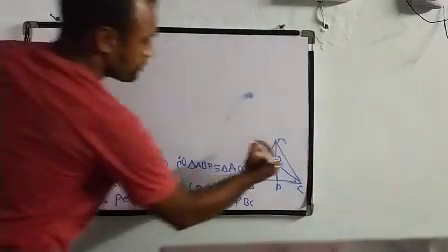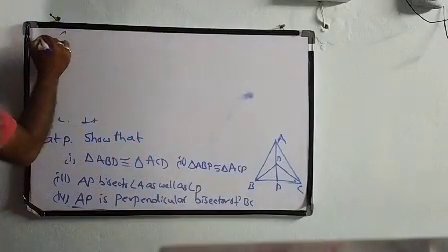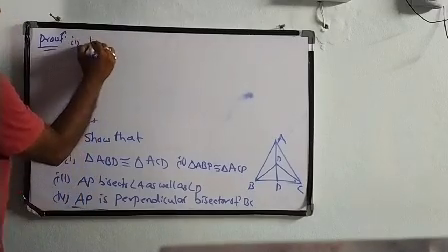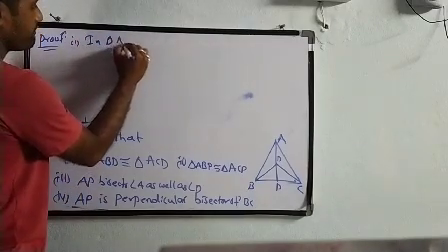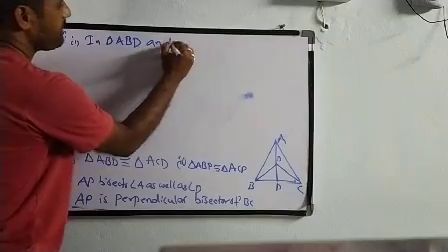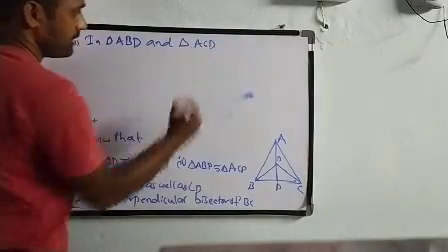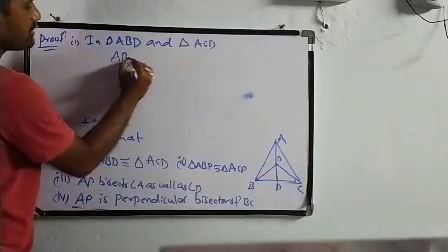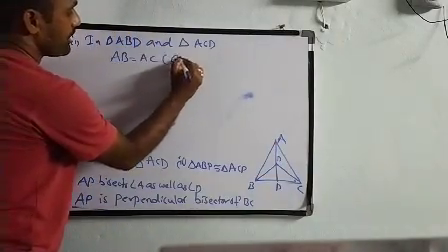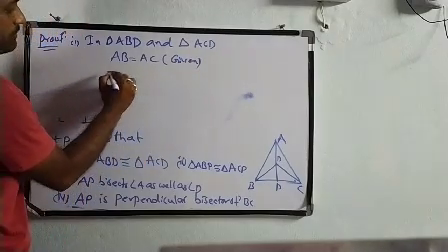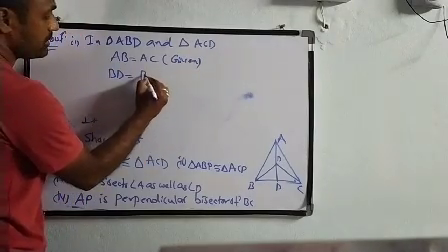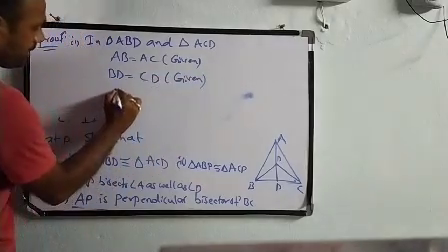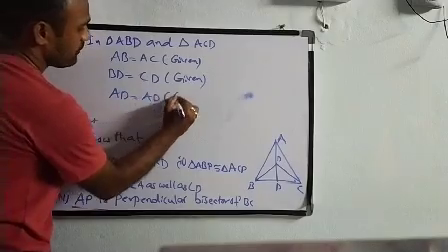So for solving the first proof, let us take two triangles given in the question. In triangle ABD and triangle ACD, AB is equal to AC, because it is already given as an isosceles triangle, and BD is equal to CD, which is also given as an isosceles triangle, and AD is equal to AD, which is a common side.